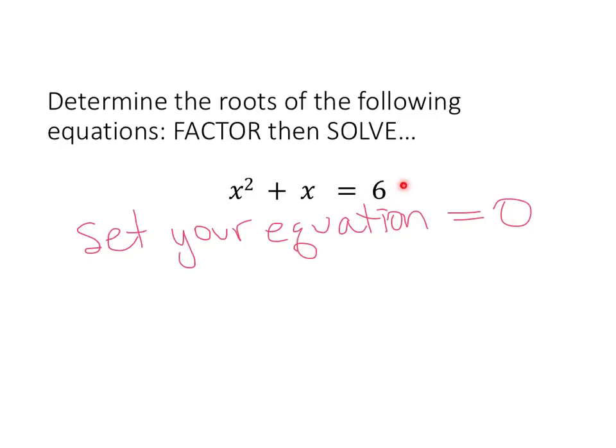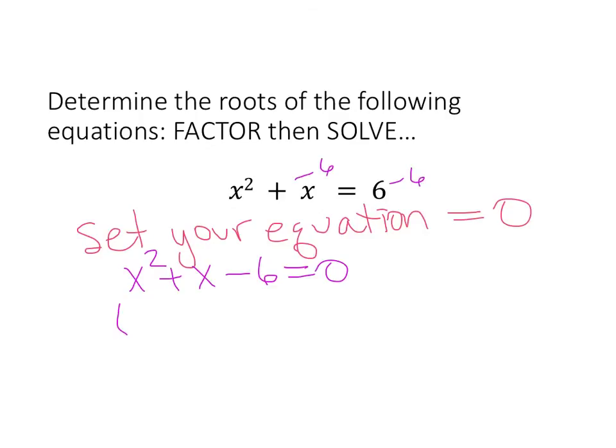If it isn't equal to 0, you need to do something to make it equal to 0. Then you do the same thing as what we were just doing before, factoring and then solving. So let's step right into it. We end up with x squared plus x minus 6 equals 0, because you just take the 6 and subtract it on both sides.